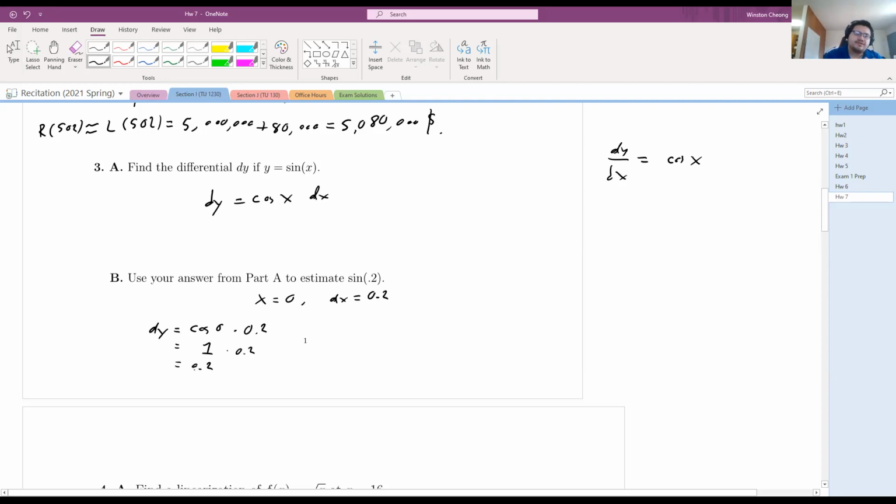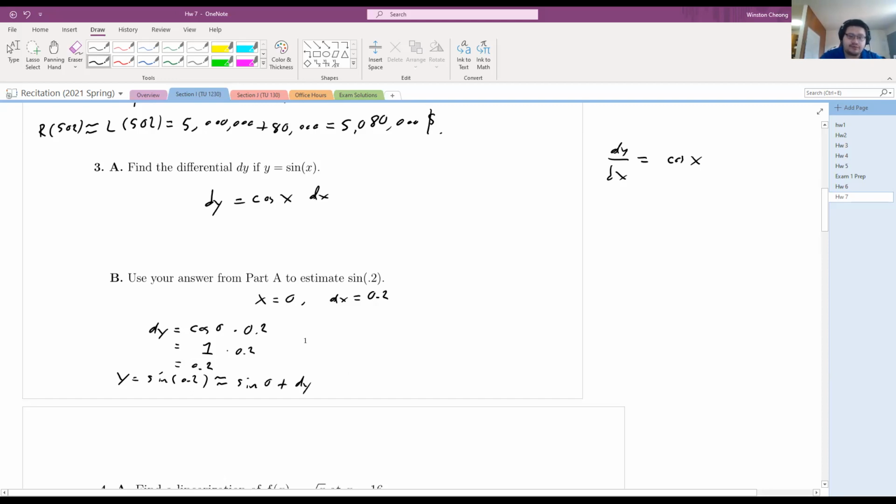So that is the discrepancy in y. That's what I expect to happen when I go from sine of 0 to sine of 0.2. So I have to tack this dy onto whatever y would be in the original data point. The way that you would write this: y equals sine of 0.2 is approximated by sine of 0 plus the dy.